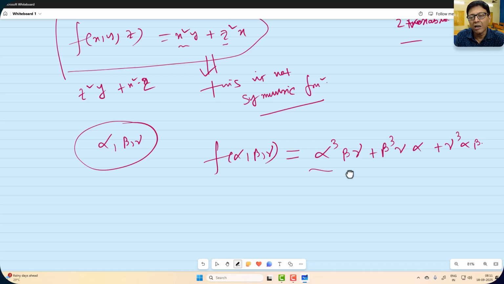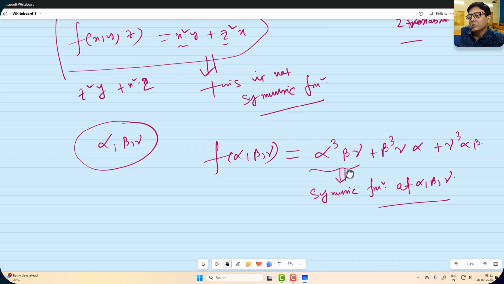This is a symmetric function of the three roots, a symmetric function of alpha, beta, gamma. Okay?